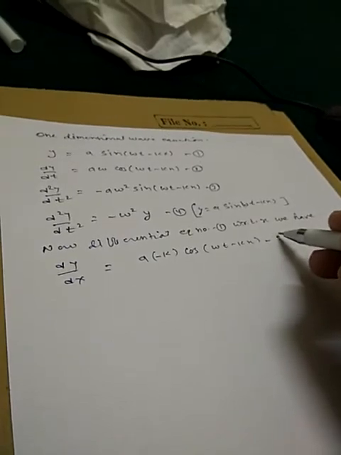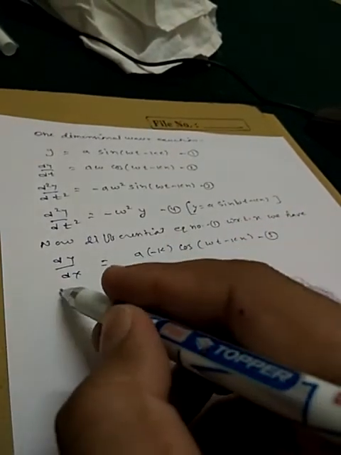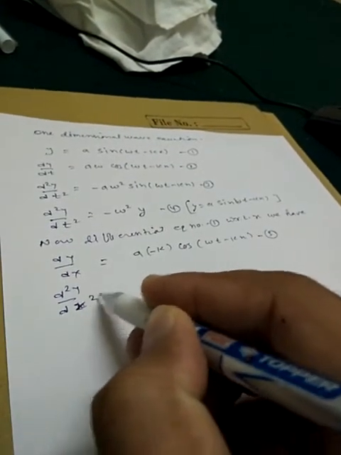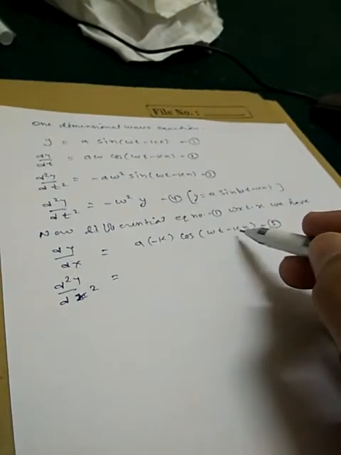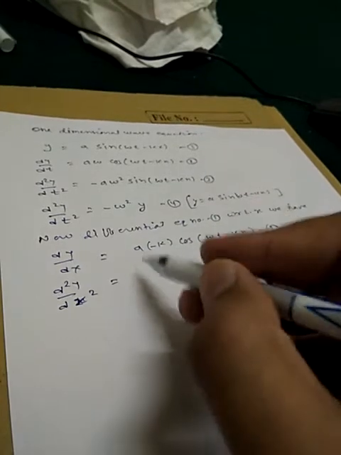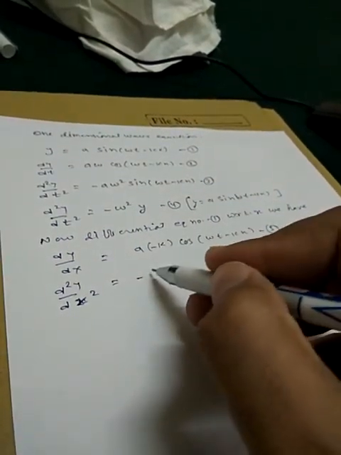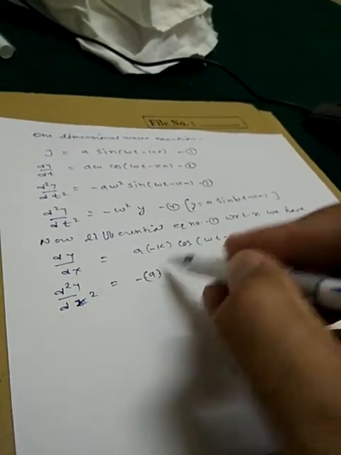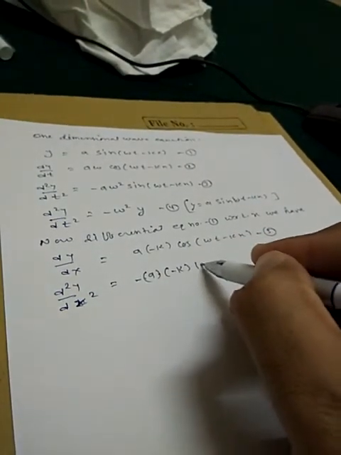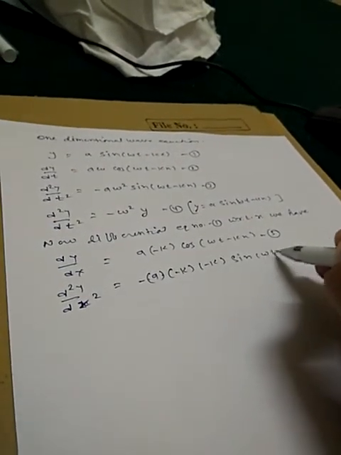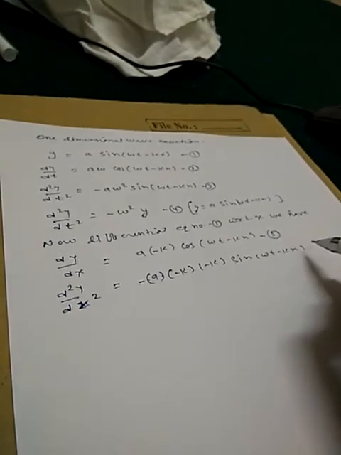Now again differentiate equation number 5 with respect to x. We have d2y upon dx square equal to a into minus k into minus k into sine(omega t minus kx).